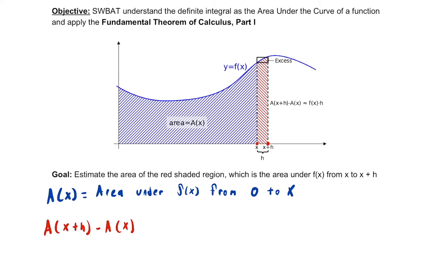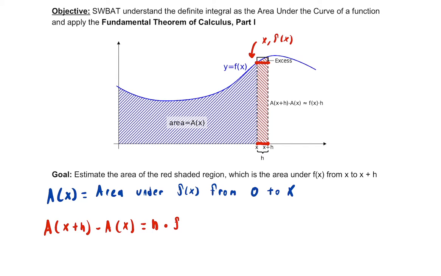Now we can also think about that area geometrically using f of x. We know that the length of this rectangle from x to x plus h, well, that's just h. And the height of this rectangle, which is almost all, but not all of it, is going to be f of x. This point right here is the point x comma f of x, so f of x tells us the height.